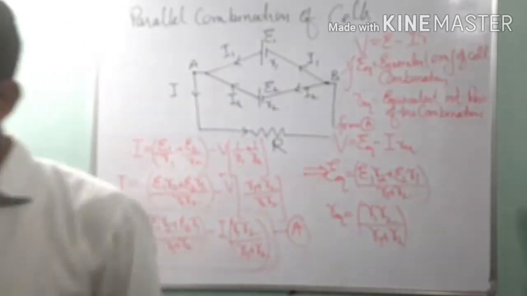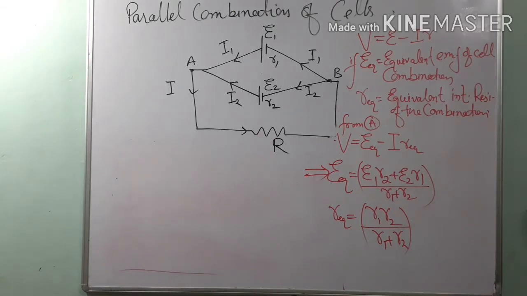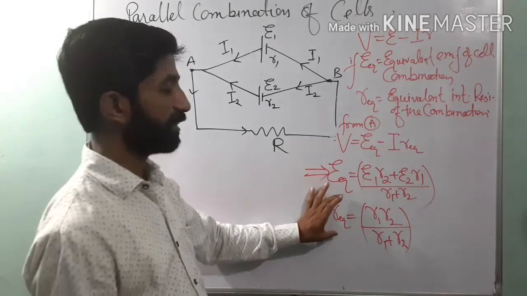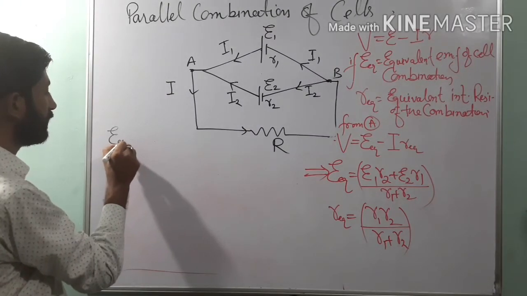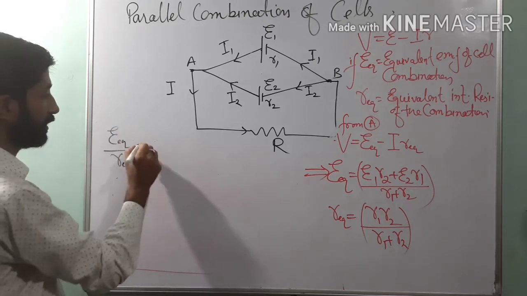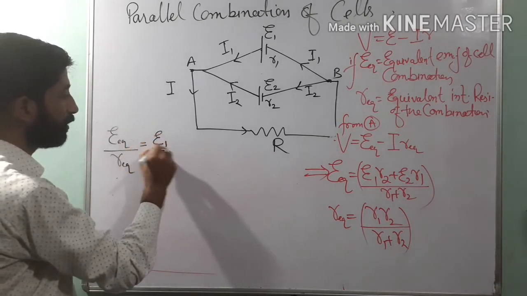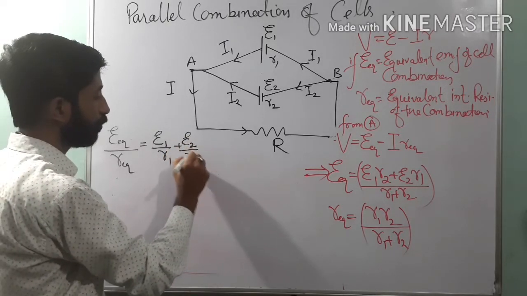Okay. Now what if this term is divided by this? In that kind of expression, E equivalent over R equivalent is equals to E1 over R1 plus E2 over R2.